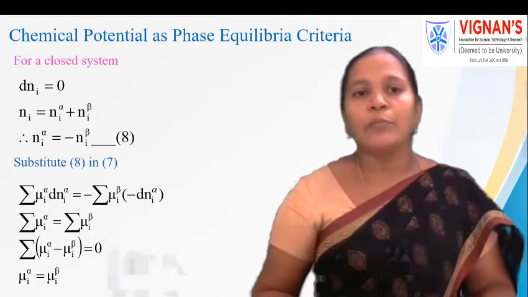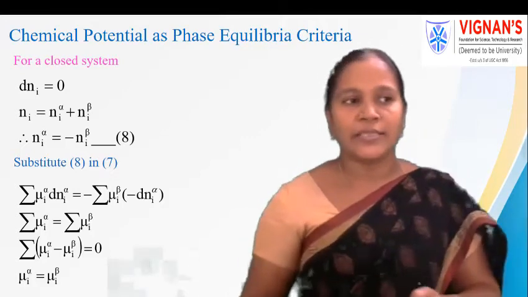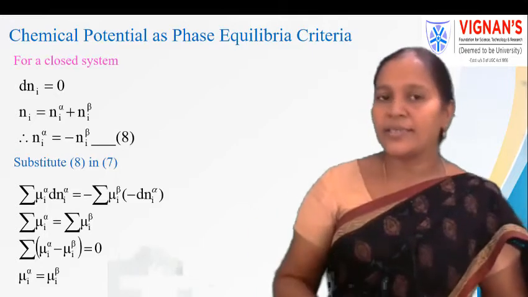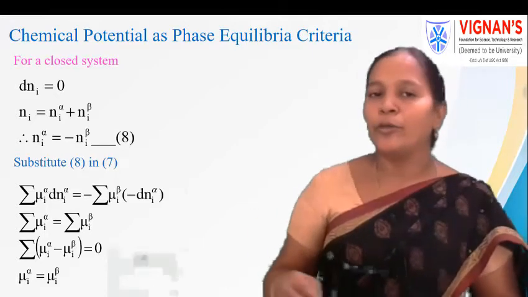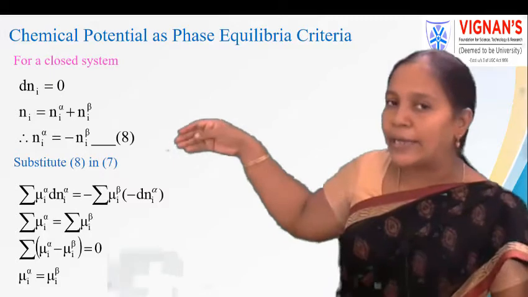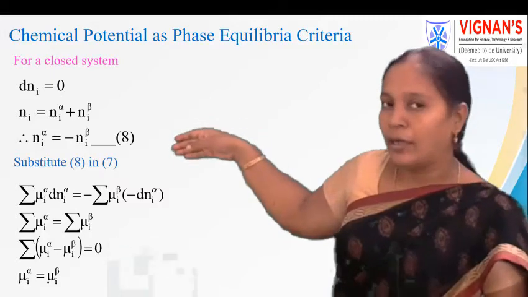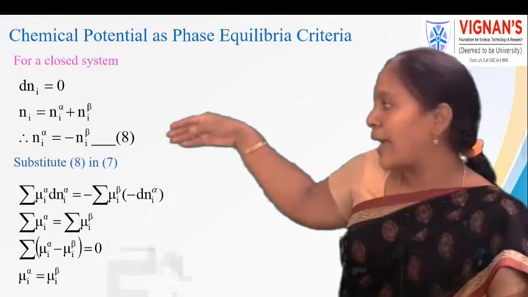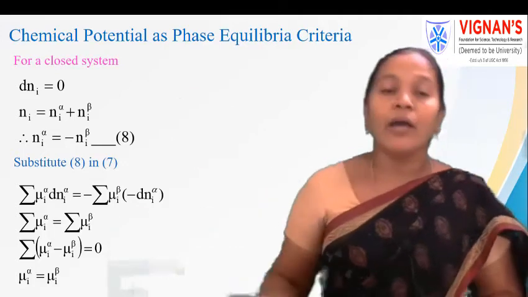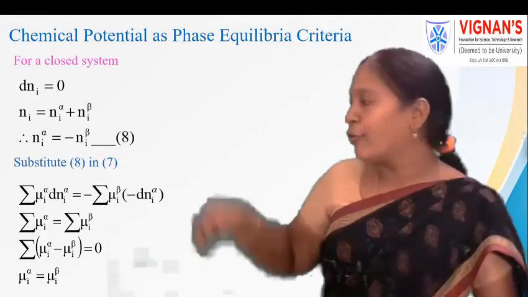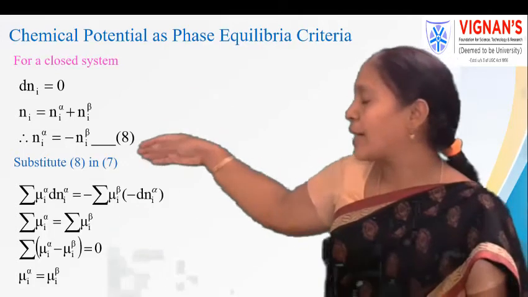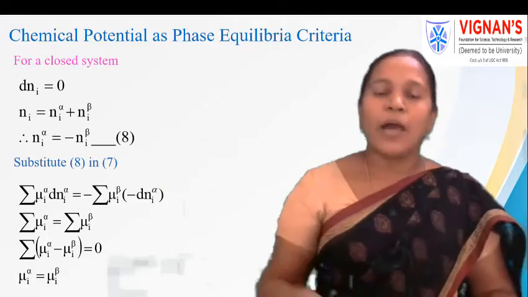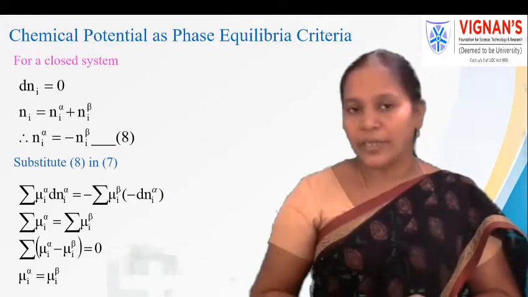Therefore, sigma mu i alpha dni alpha is equal to minus sigma mu i beta into minus dni power alpha. On both sides we cancel the dni alpha term. Therefore, sigma mu i power alpha is equal to sigma mu i power beta.